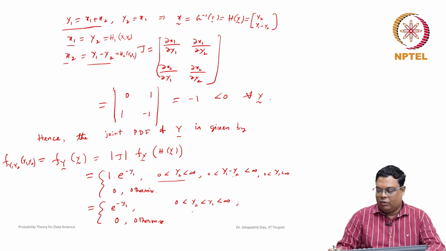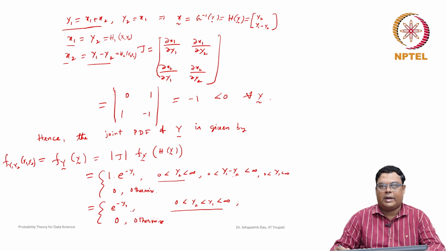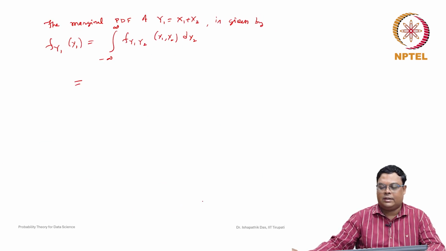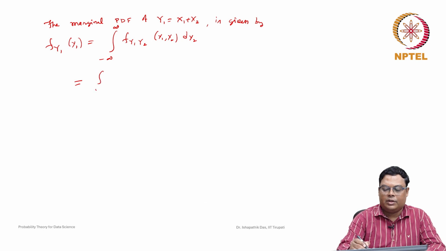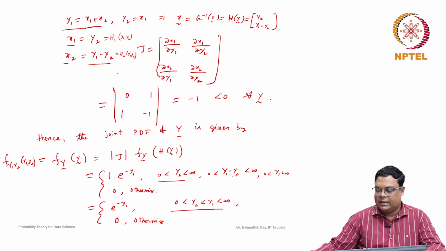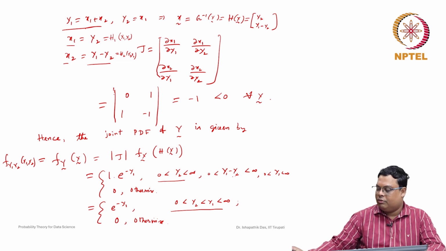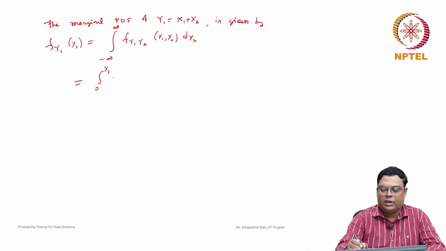Now we note that whenever we are integrating, this density is non-zero only under this condition. So we have to find the range of y2 where it is non-zero, because we are doing integration with respect to y2. The range of y2 here is between 0 and y1. So this is equal to the integral from 0 to y1 of e to the power of minus y1 dy2, otherwise this value will be 0.